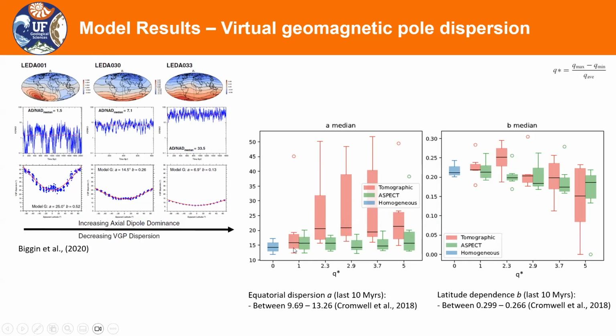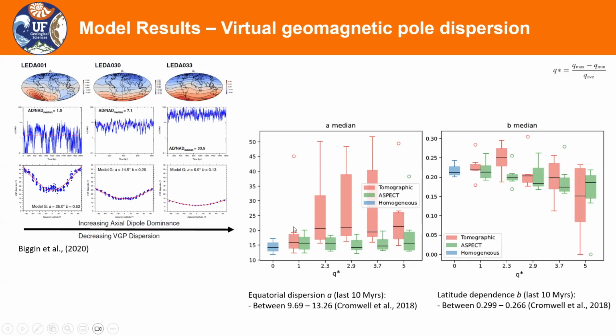When we do that for our models, what I'm showing here and in some of the upcoming plots is, on the x-axis, we have increasing values of heterogeneity, and on the y-axis, we have the values of statistical estimates for field observables that we see. In this case, model G A and model G B. In blue, I'm showing the homogeneous boundary condition and comparing this to more and more heterogeneous heat flux.